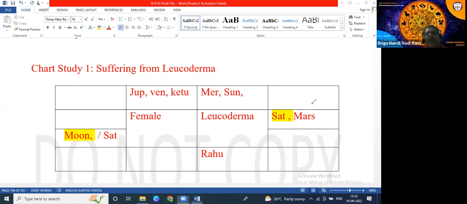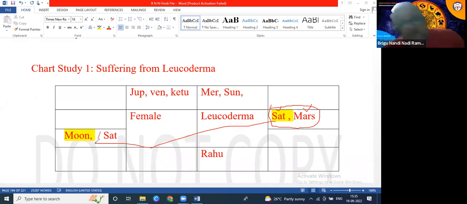Mars here is anger. Saturn is Shani Bhagavan. One day Shani Bhagavan became angry. And Saturn here is exchanged with Moon. So there is Parivartan Yoga. Saturn is in the house of Moon and Moon is in the house of Saturn. This is called Parivartan Yoga.